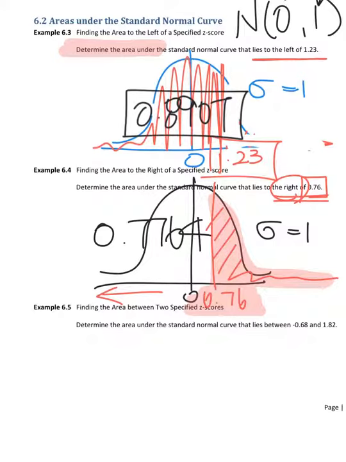Let me ask you, how much is half? How much probability will be half of the normal distribution? 0.5. How? Because the whole area, from negative infinity up to positive infinity, was 1.